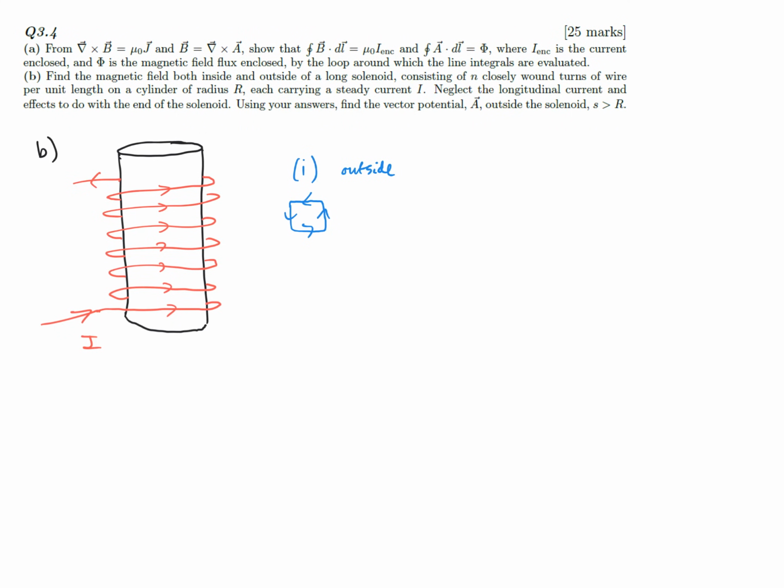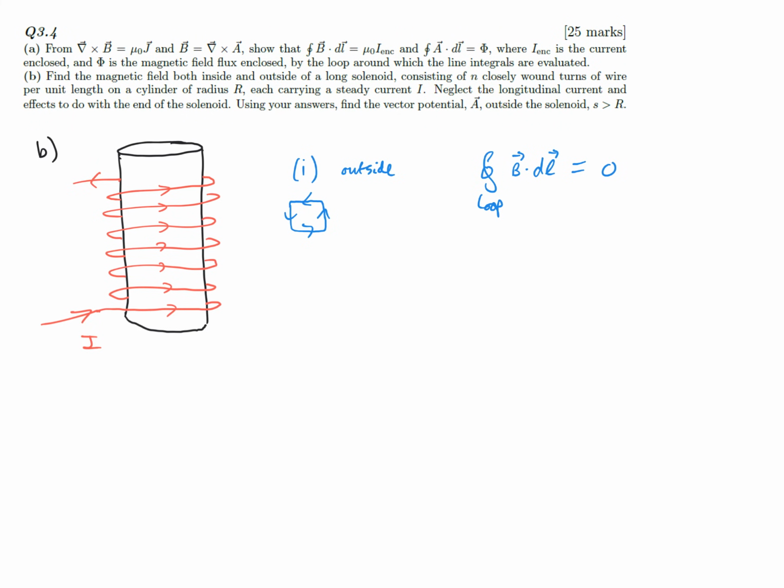When we're outside, we can apply Ampere's law, which is precisely the thing we discussed in part A of the question: the line integral of the magnetic field around a closed loop is equal to the current enclosed. There's no current enclosed here because it's outside of the solenoid, so that's equal to 0. And that's true for any loop outside of the solenoid.